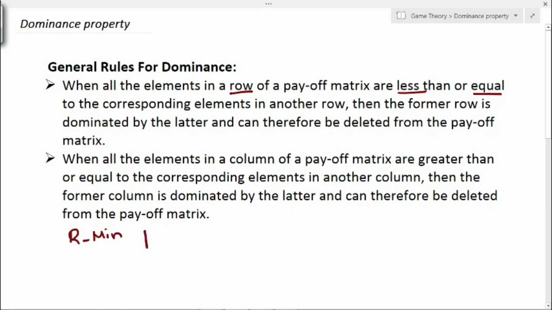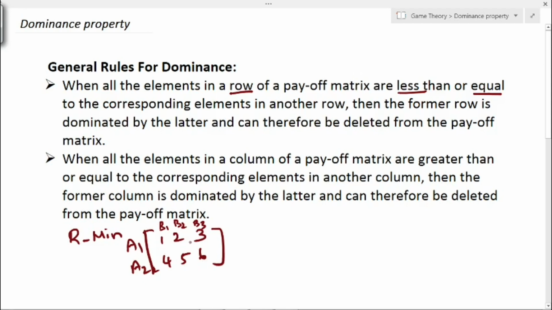So for example, if we are taking 1, 2, 3 and 4, 5, 6, now these are strategies A1, A2, and these are B1, B2, B3. So compare these two rows. In the first row the values are 1, 2, 3, and in the second row 4, 5, 6. So all the elements in the first row are less than the elements in the second row.